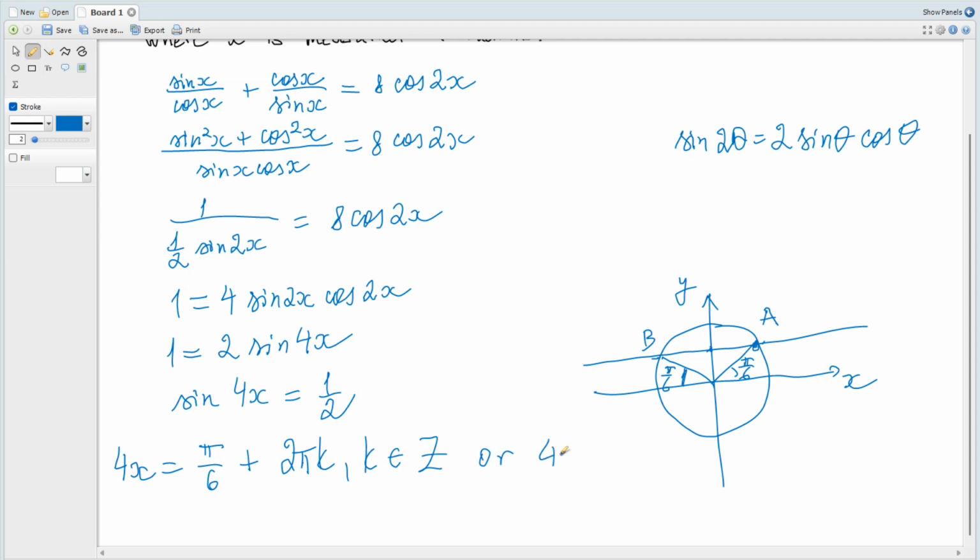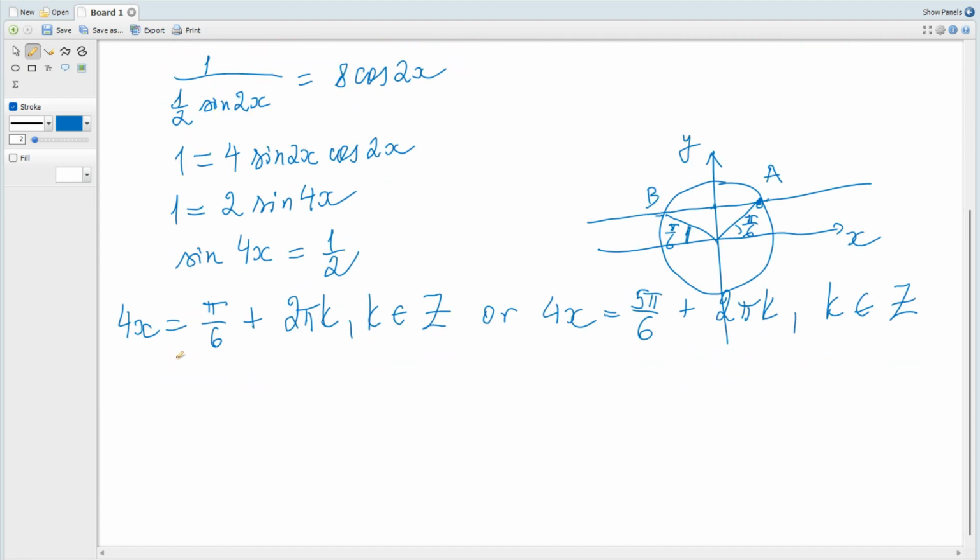Or the argument is this solution corresponding to point B. You can see that it's pi over 6 less than pi, because this is 180 degrees or pi. So the argument is pi minus pi over 6, which is 5 pi over 6, and also plus 2 pi k.